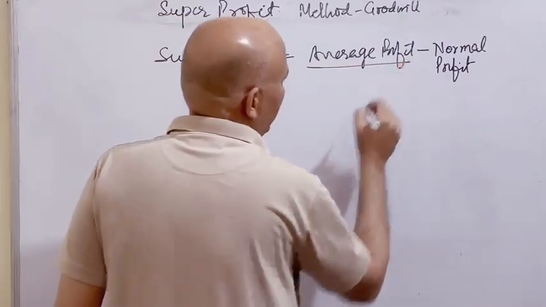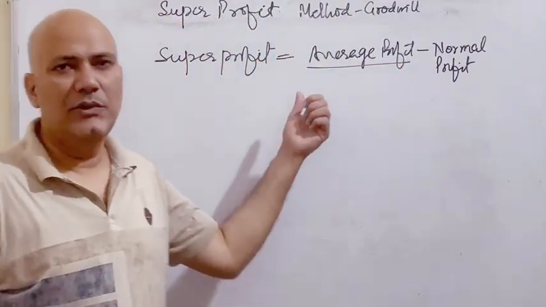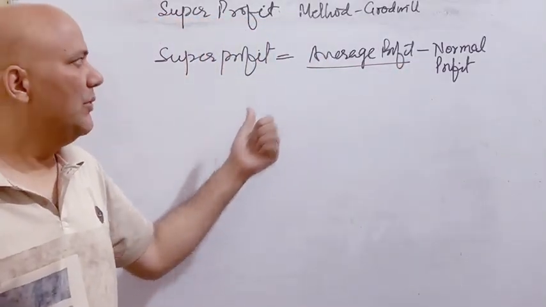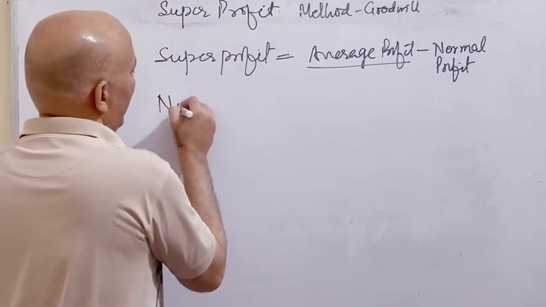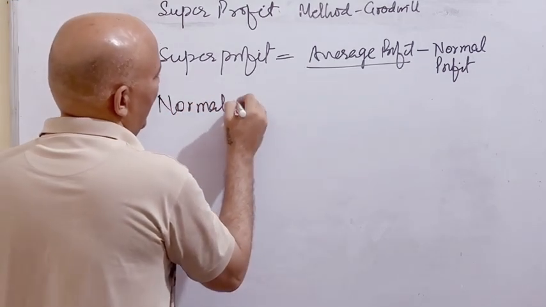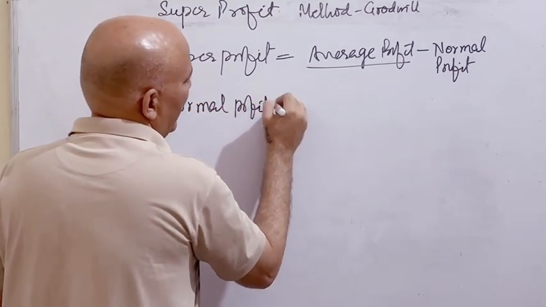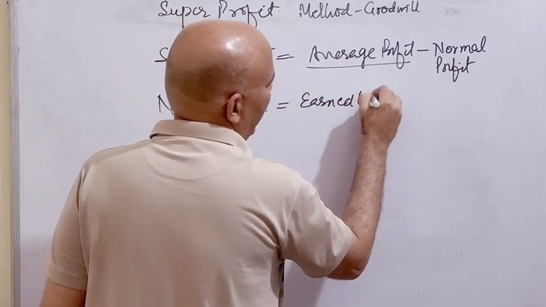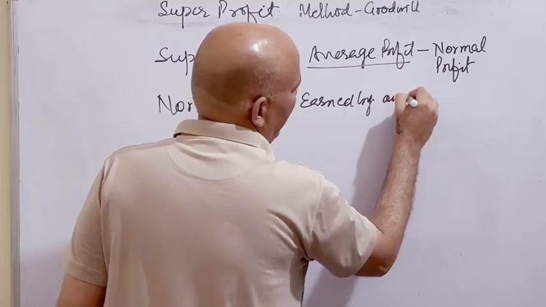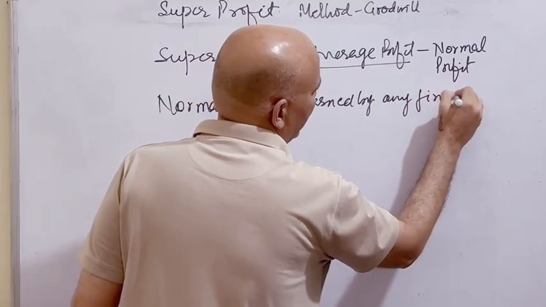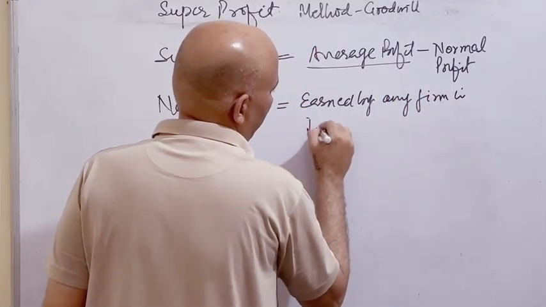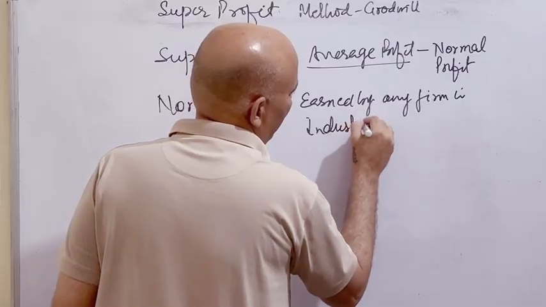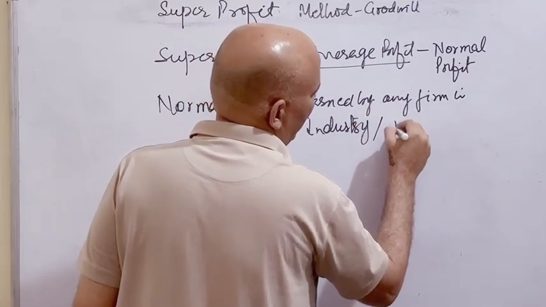Now average profit is the profit earned by the firm for which we are calculating the goodwill, and normal profit is the profit earned by any firm in the industry, or we can say the normal profit of the industry.